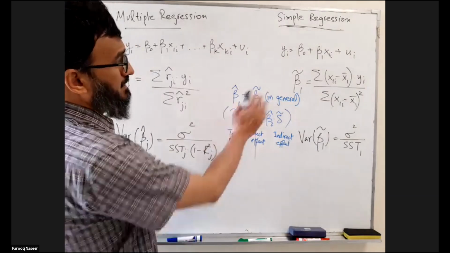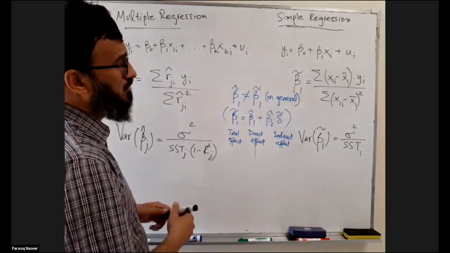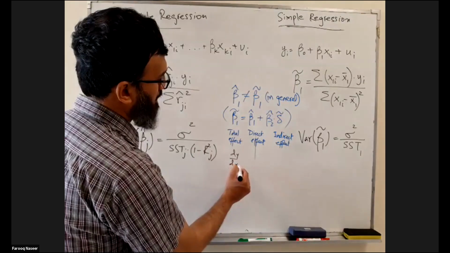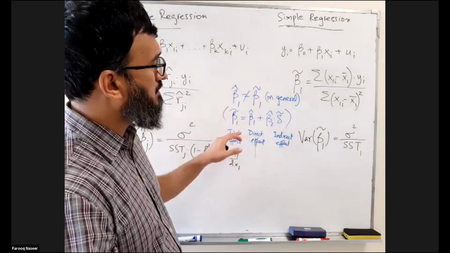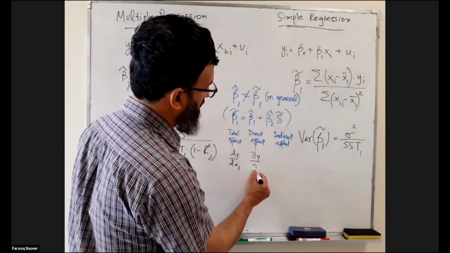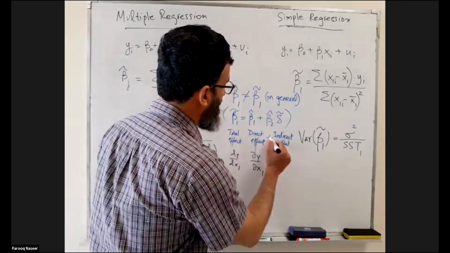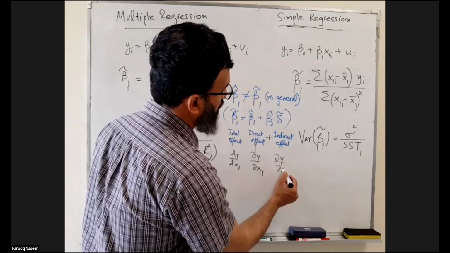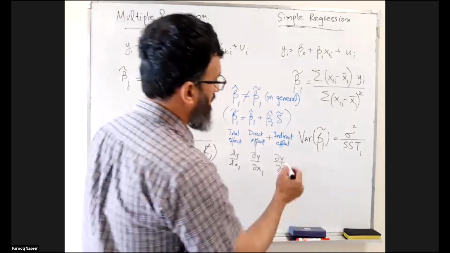So think of it like this. This one, the simple regression coefficient, gives us the total effect of x1 on y. In calculus notation, you can write it as dy by dx1, right? That total effect can be the sum of the direct effect, which is the partial derivative with respect to x1, plus an indirect effect, which is the change in y due to x2 changing, keeping x1 fixed, right?